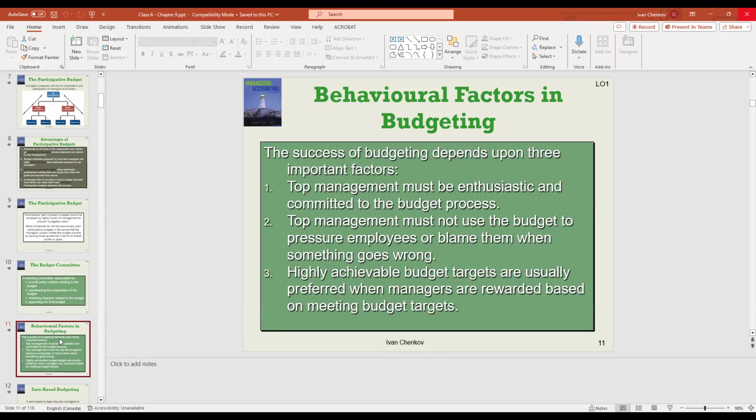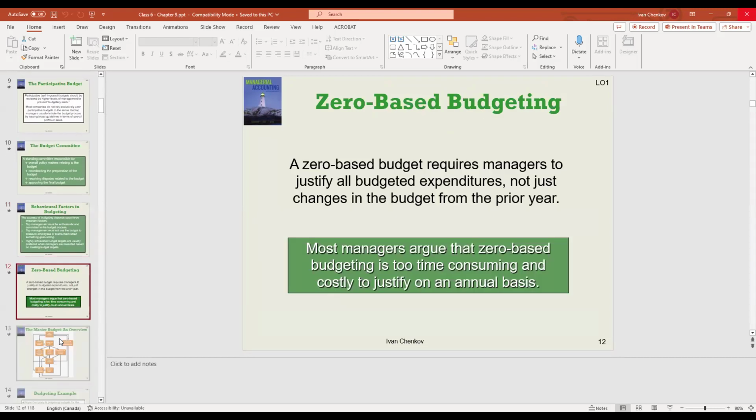So don't put in an unrealistic budget that, as you already know the people, it's very hard to achieve. That's going to create destruction in your company. Be realistic and encourage through the budget, encourage your workers to work in the best interest of you and the company.